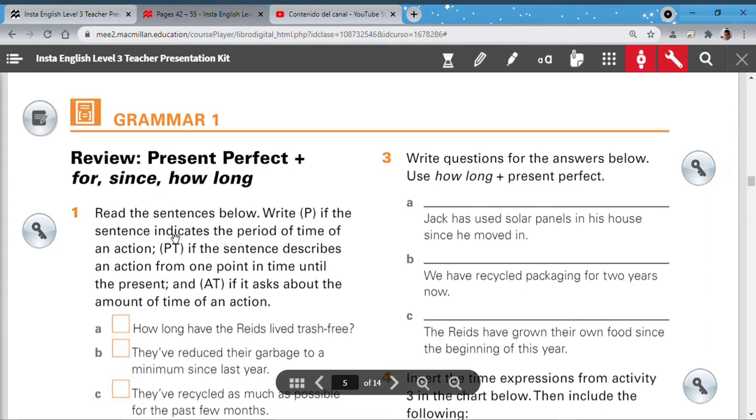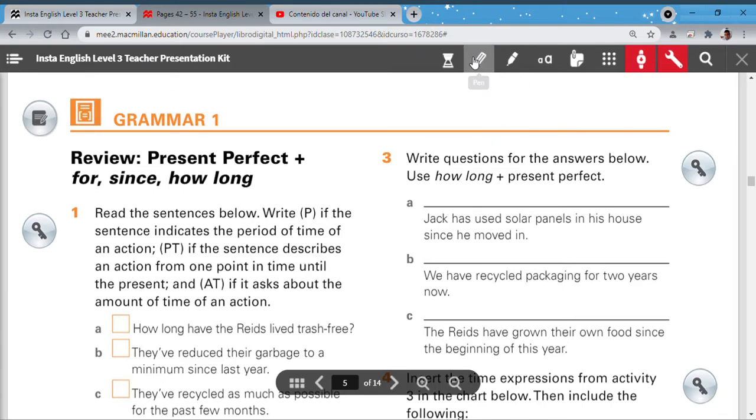P is for sentences that indicate a period of time. PT if the sentence describes an action from a point in time until the present, okay, until now. And AT if it asks about the amount of time of an action. How long? When I say how long, it expresses AT, amount of time.